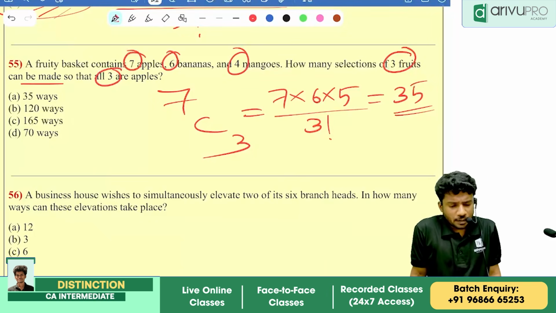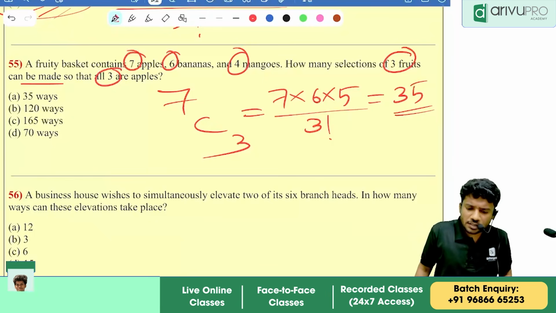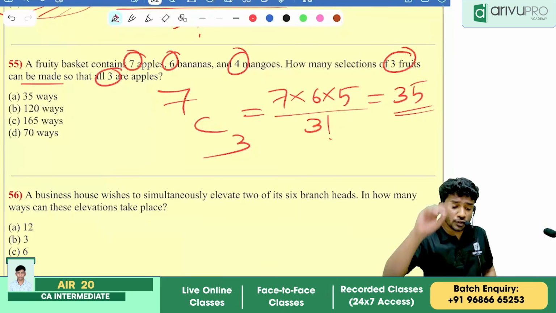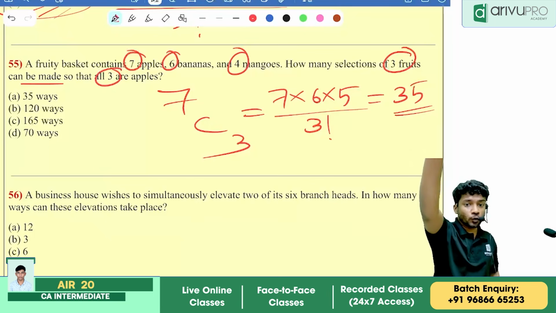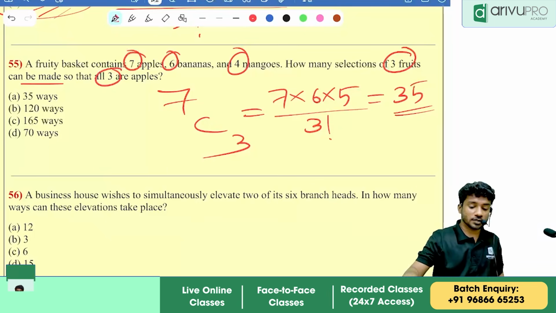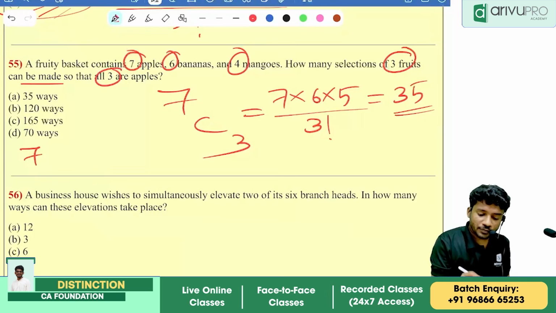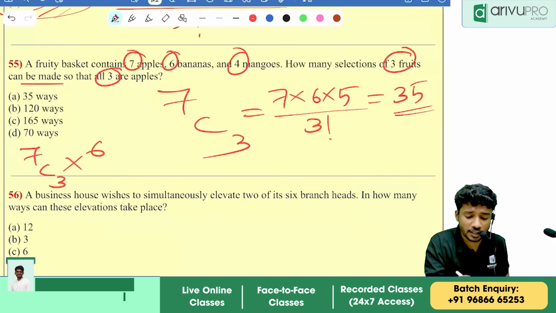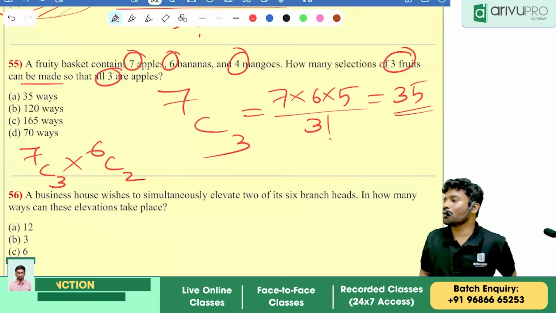Now, what if the question is like this? I have 7 apples, 6 bananas, 4 mangoes. I should choose 5 fruits such that 3 are apples, 2 are bananas. So, from 7 apples, I choose 3 apples. Then 2 bananas from 6 bananas.